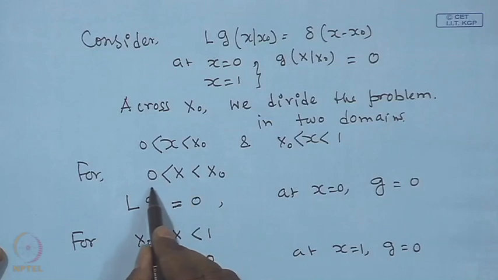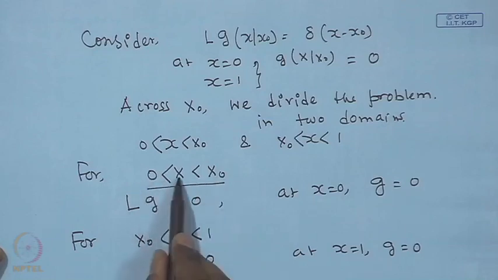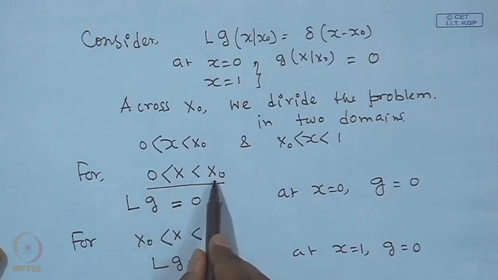So, that is how the Dirac delta function is defined. At x is equal to x naught its value is 1, and for every other value of x except x naught, its value is 0. So, the way we have defined it, we have not included x equal to x naught; we have included the lower domain, x from 0 to x naught, which is less than x naught.